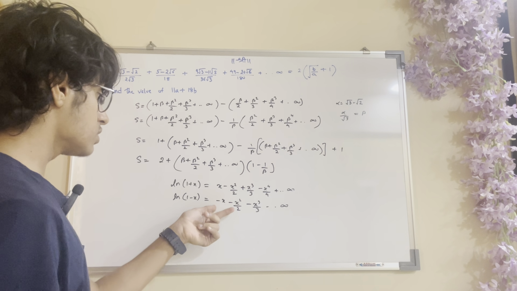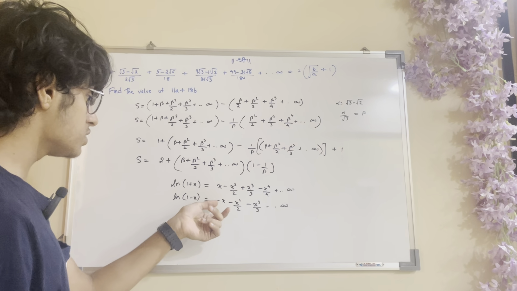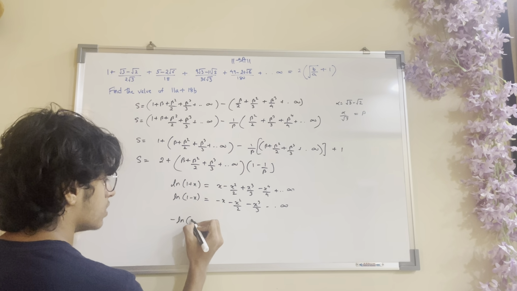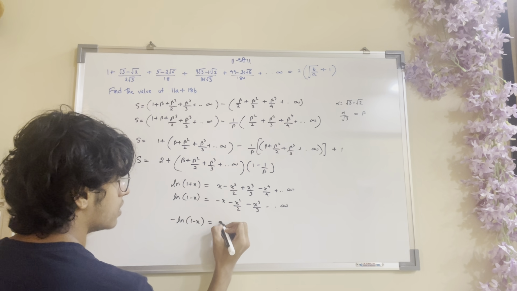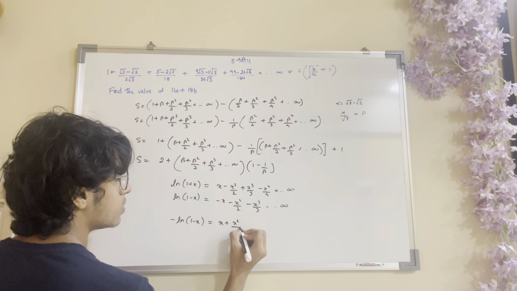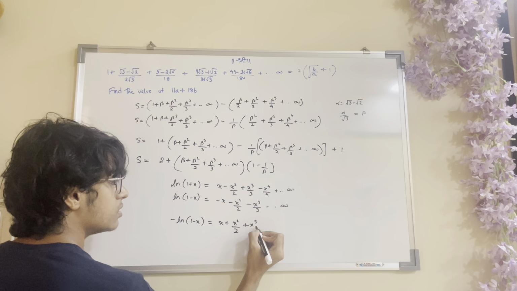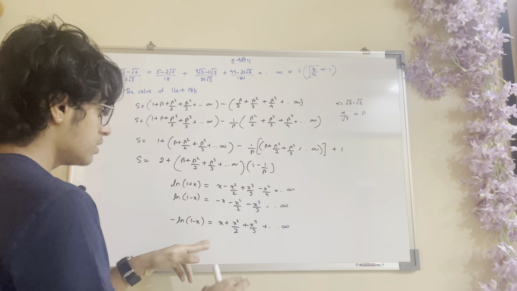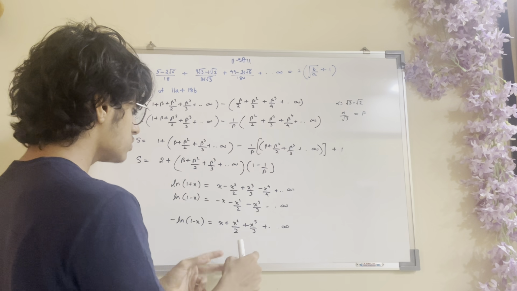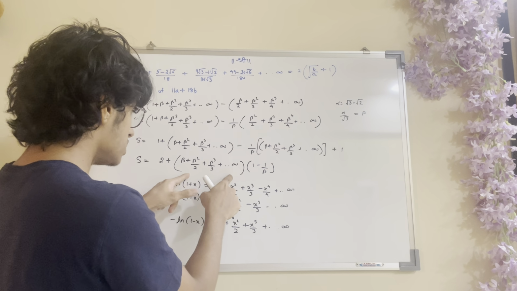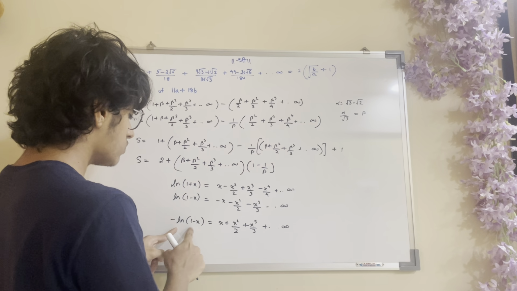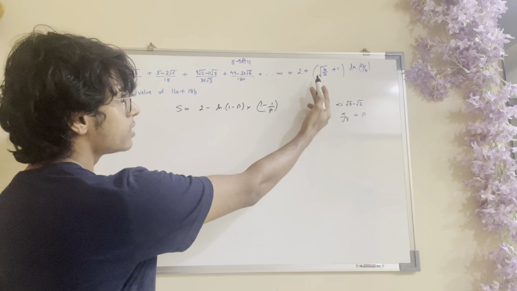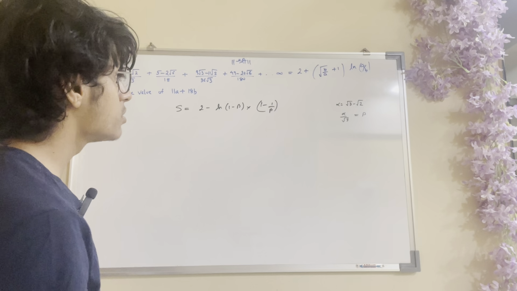And if we take out the negative sign as common, we will have minus ln(1 minus x) is equal to x plus x square by 2 plus x cube by 3, and so on till infinity. And this is in this format, so we can write this series as minus of ln(1 minus beta). There was a slight misprint in the question. The question should be 2 plus under root b by a plus 1 into ln e by b.